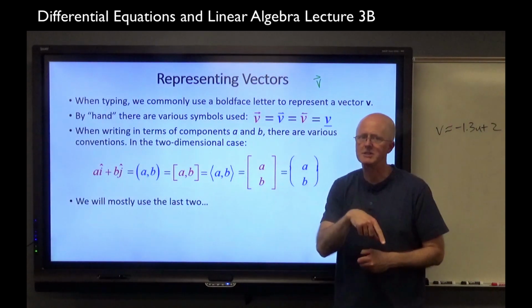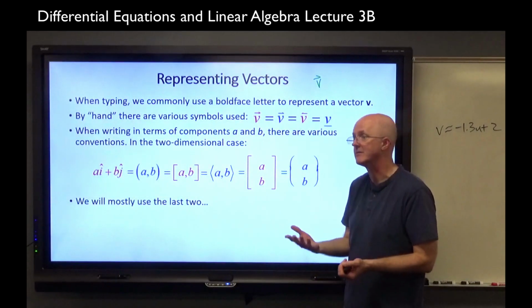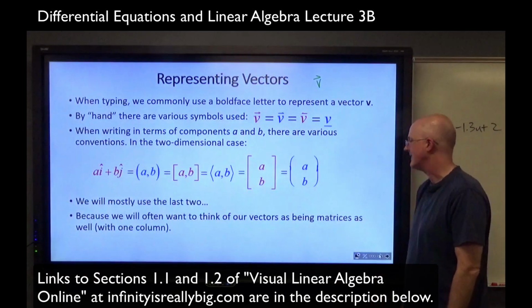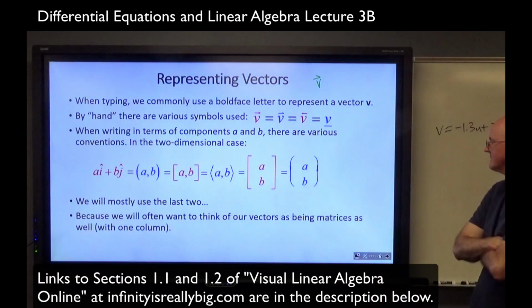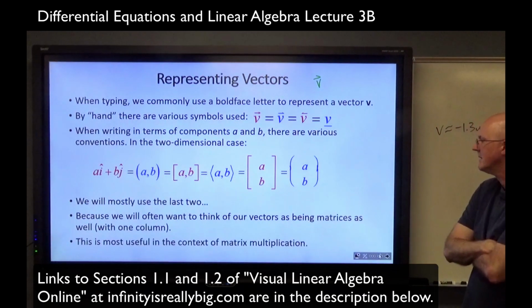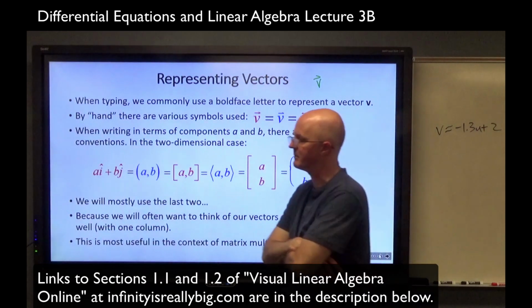In the Differential Equations book, it occurs in Chapter 3. Actually, in Visual Linear Algebra Online, it occurs in Chapter 1. We'll be doing it fairly soon. Yeah, because we also often want to think of our vectors as being matrices themselves, in fact, as matrices with one column, and we want to be able to multiply matrices when appropriate. That'll be a really useful thing.